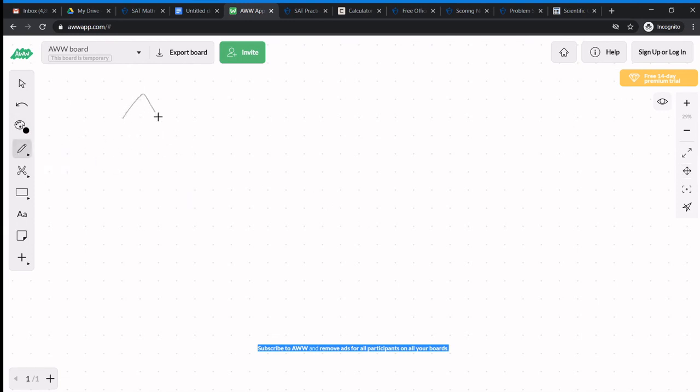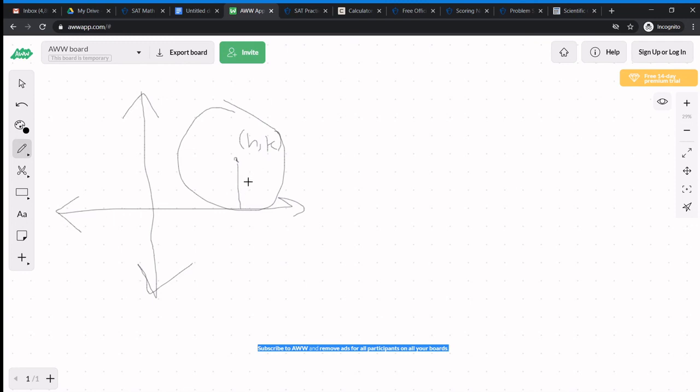So for a circle in the coordinate plane, let's say its center is at h comma k, and it has a radius of, let's say, r.